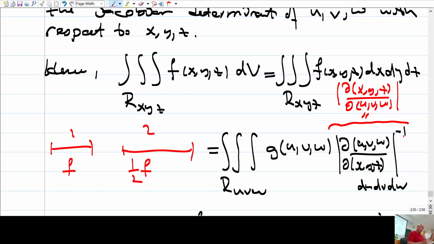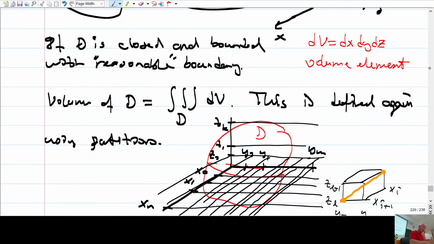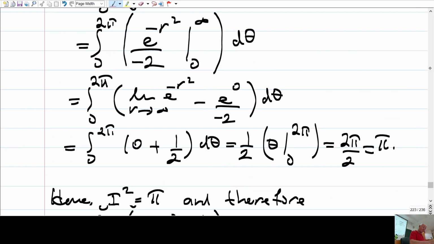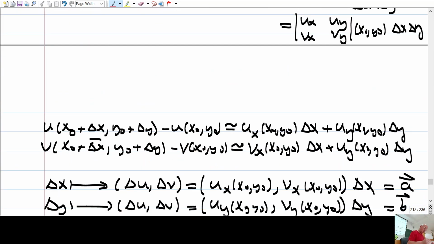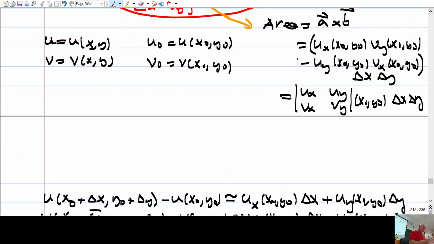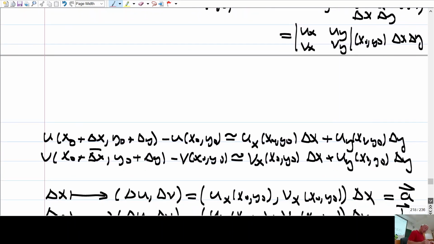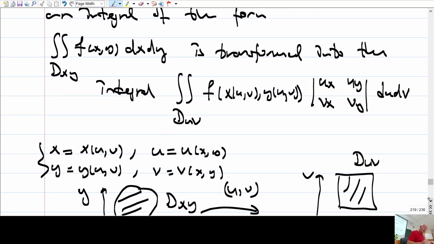Bunun tersi demek de x, y, z'nin u, v, w'ye göre Jacobian'ı. Evet. Bu area böyle transform ediyor ama integrali yazarken I have to take negative of this.